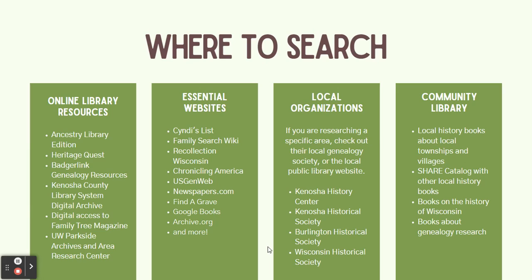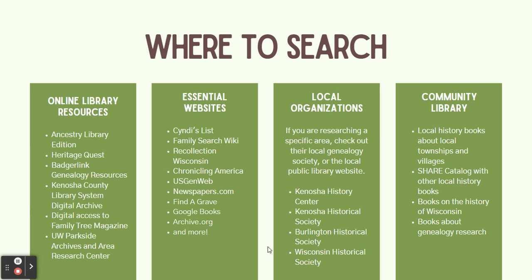There's also the Family Search Wiki. I mentioned familysearch.org earlier, but this is their research wiki. On there, they have a lot of guidelines, different guides, different state research tips, and it's a really great resource. And then there's Recollection Wisconsin, which is photos, maps, and books about Wisconsin history.